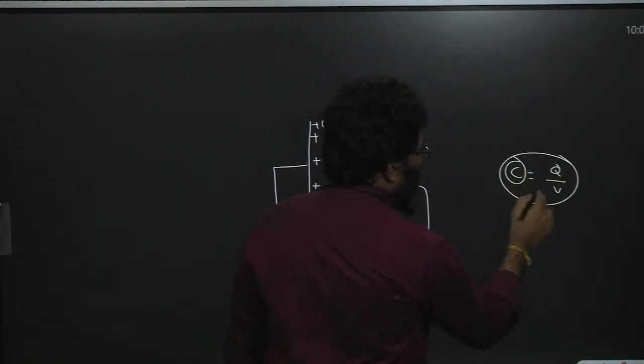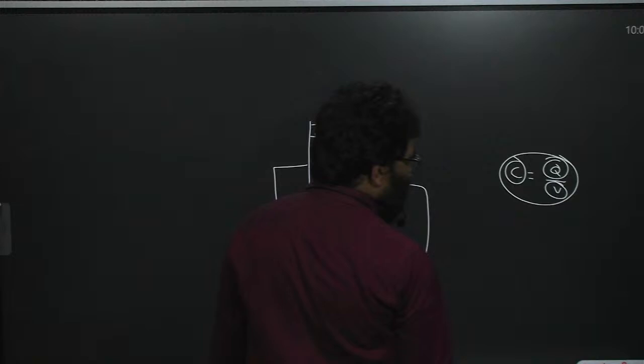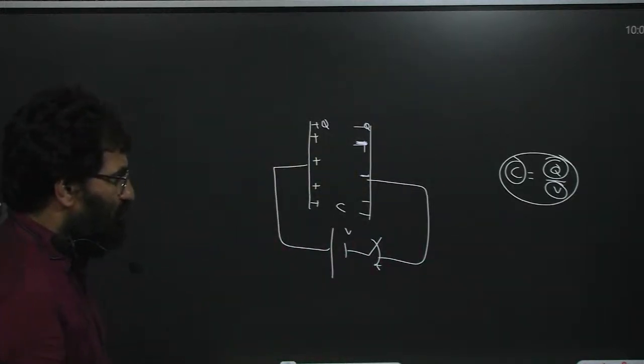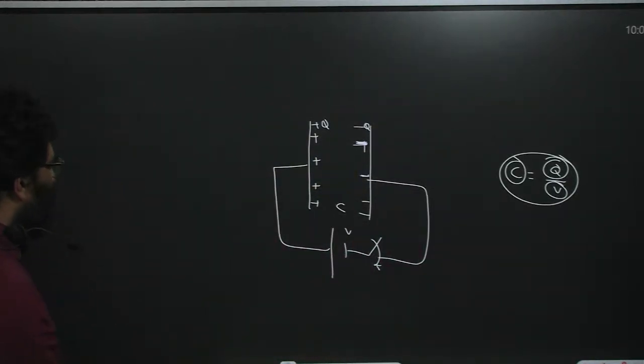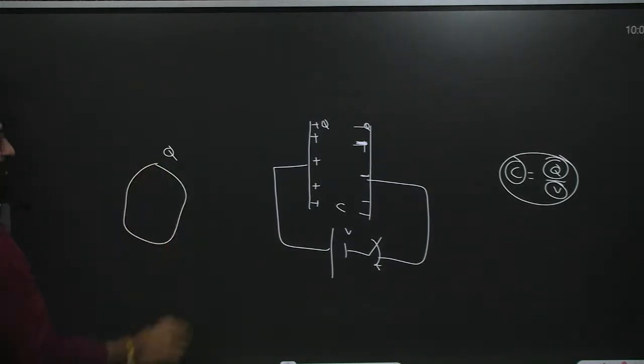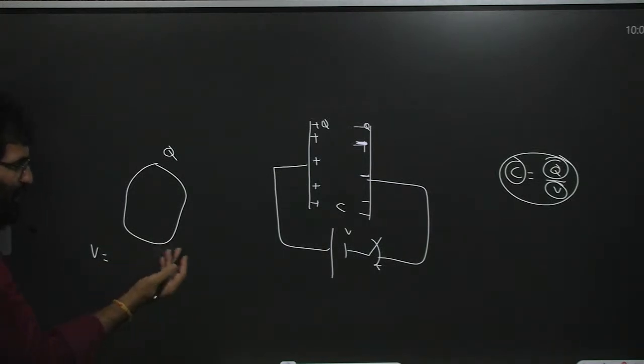See, now we are talking about charge and potential, but capacitance. When we take a conductor and give it some charge, there is definitely a potential. V is equal to KQ by R when we take a charge.